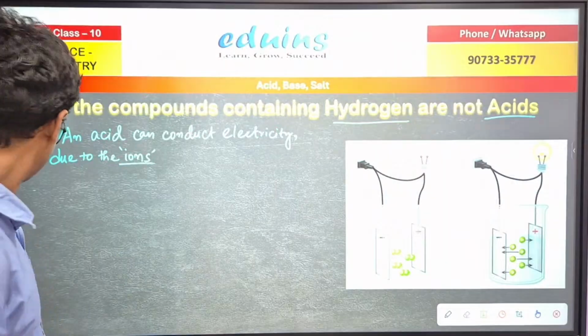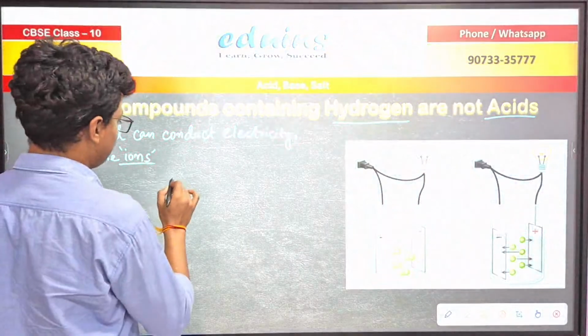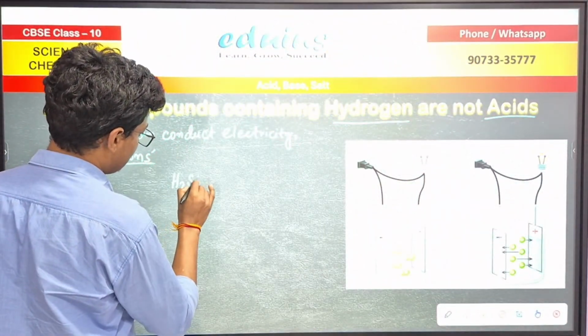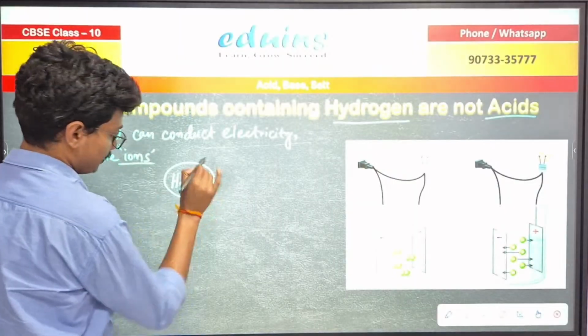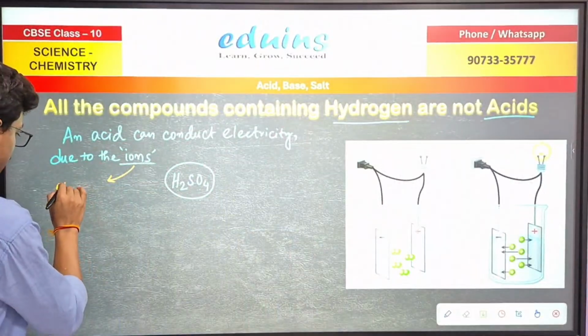Anyone? ओके, चलिए। सो आयन basically the charged particle. What is ion? Charged particle.